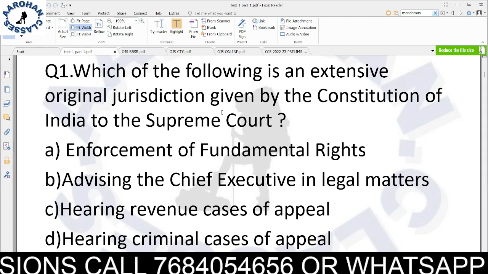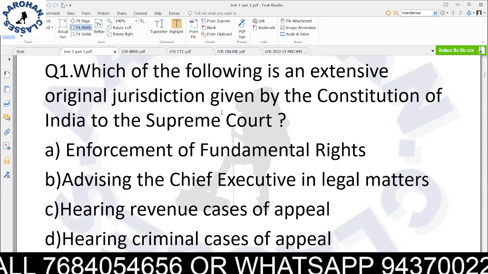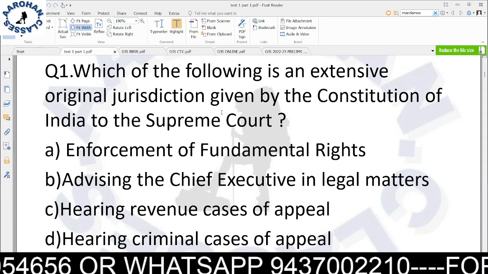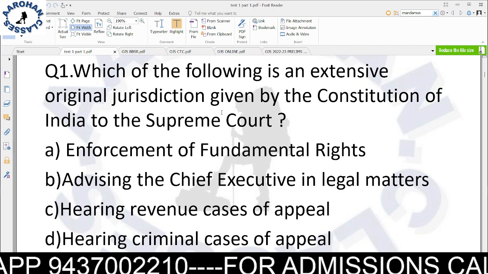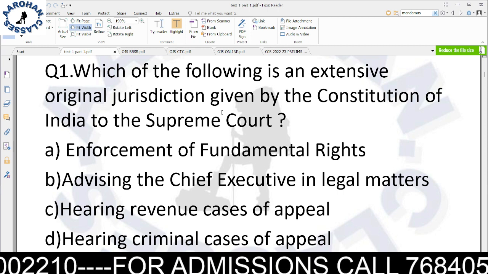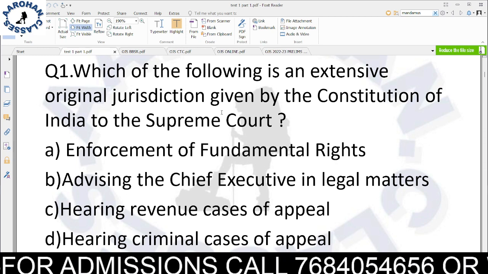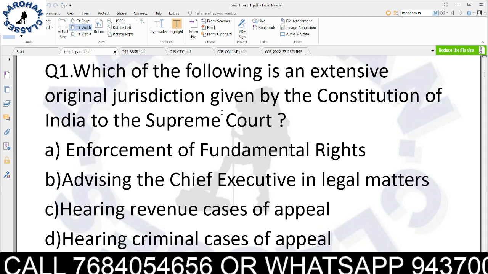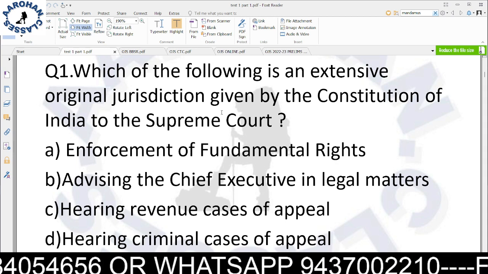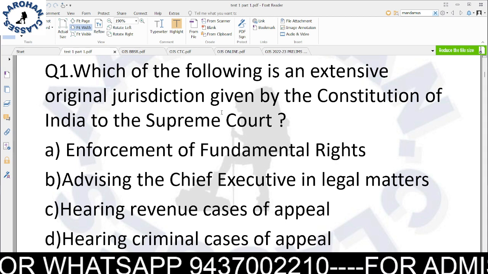Let us come to question 1. Which of the following is an extensive original jurisdiction given by the Constitution of India to the Supreme Court? You can go through the options. So obviously, A is the answer.